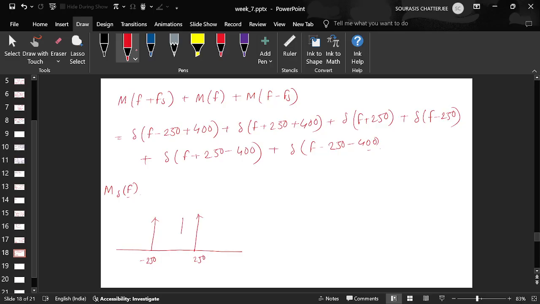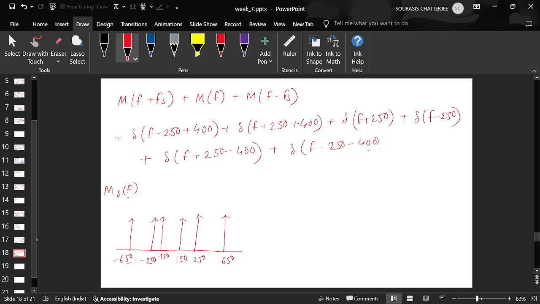This one actually corresponds to minus 150 and this one corresponds to 150. Then we have 650 and minus 650. So then we have components at 650 and minus 650.